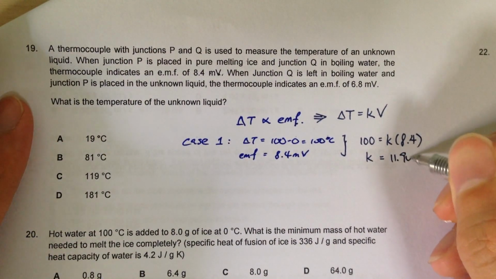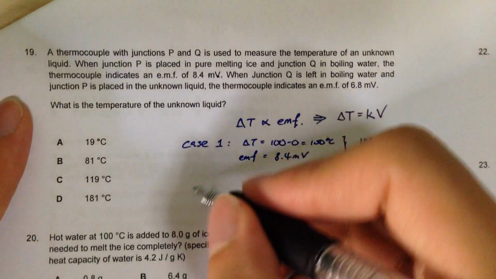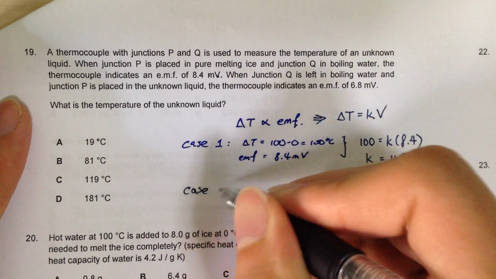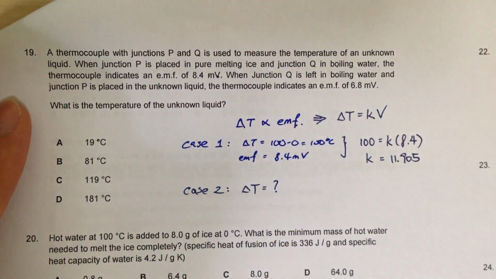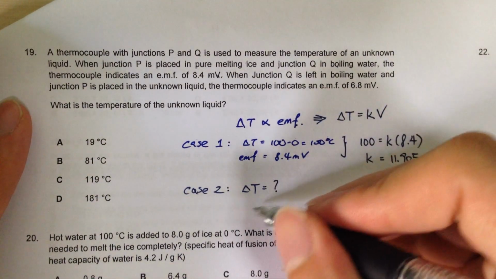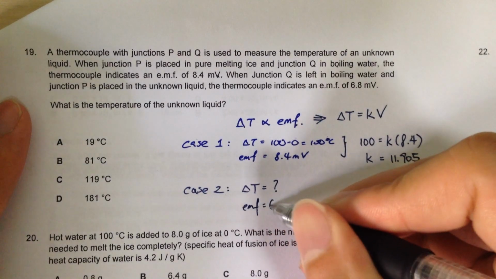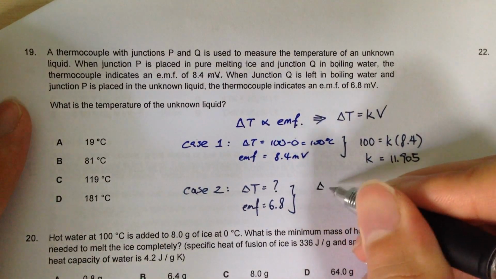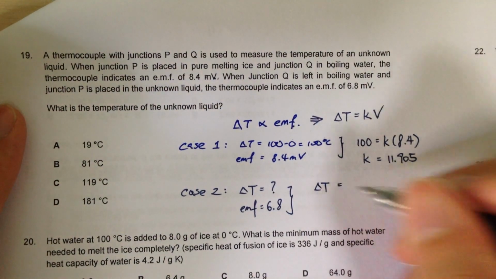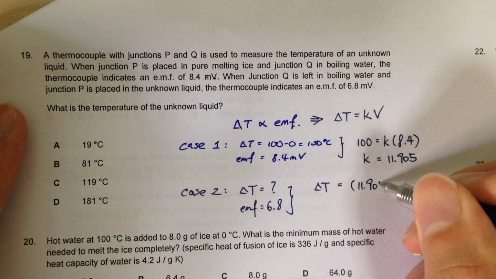With that you can put in your case number 2, whereby the difference in temperature you do not know, and the EMF in this case becomes 6.8. You do not know the difference in temperature, but you know the constant from the previous calculation.